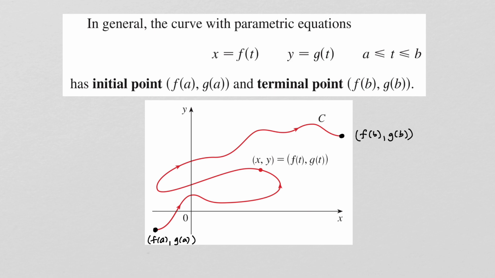So for example, if this is our curve between t equals a and t equals b, this point here is the initial point, and by the way, we know that because of the orientation of this curve moving in this direction. This point would be the point (f of a, g of a), and that of course corresponds to t equals a. And the point over here is the terminal point (f of b, g of b), and that corresponds to t equals b.